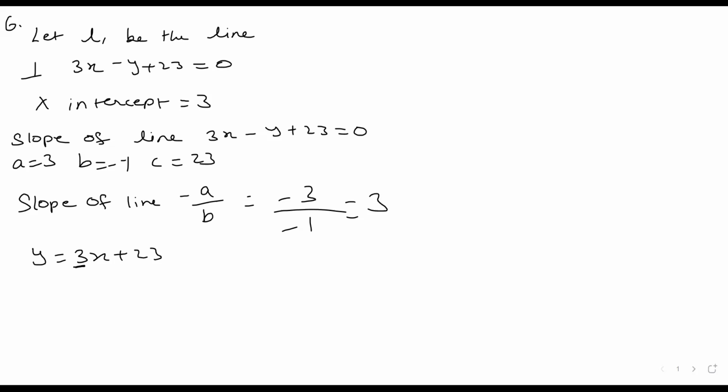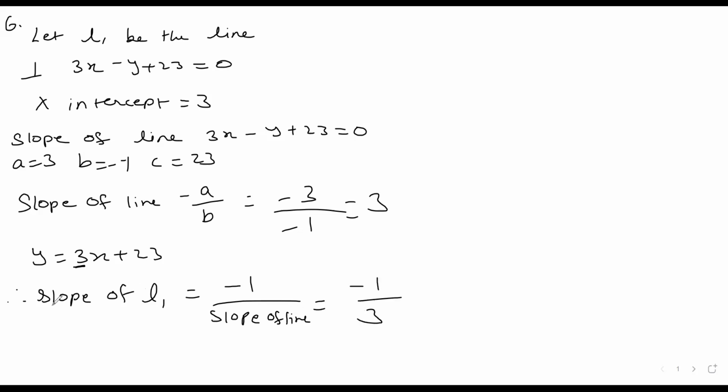Now this was the slope of the line. L1 is perpendicular to it, so the slope of L1 will be -1 upon the slope of the line. That will be -1 by 3. This is the slope of L1.